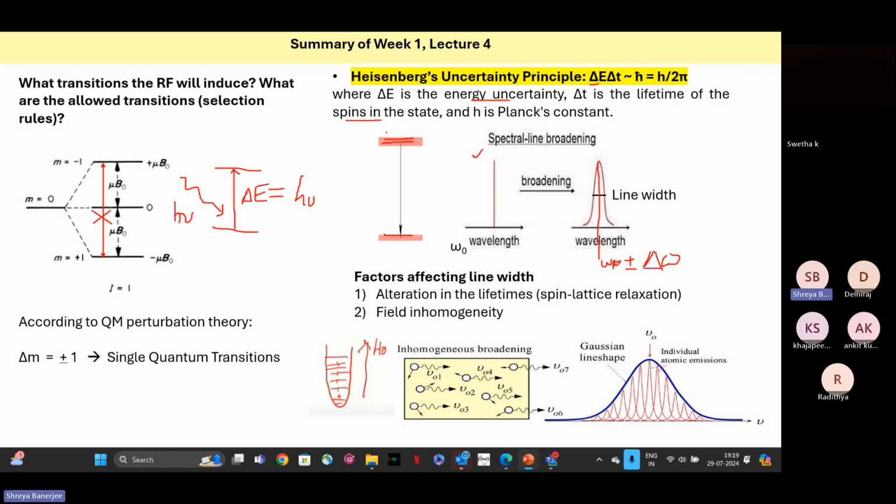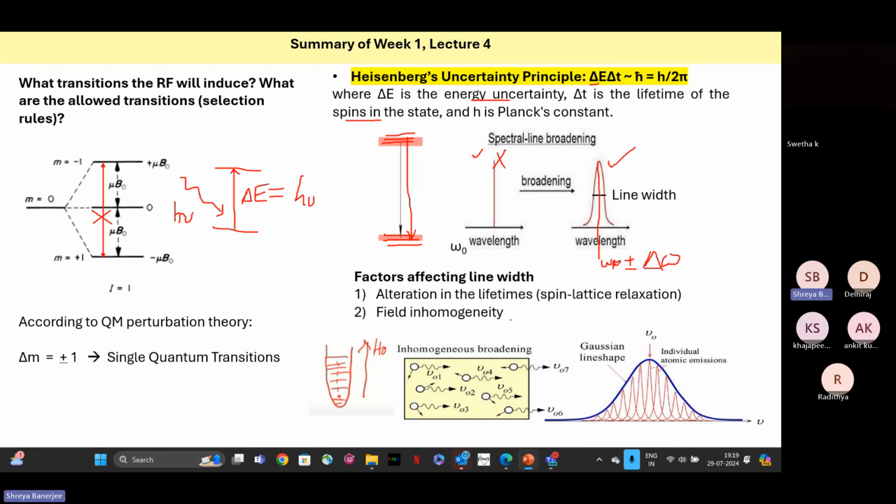There is a certain range of energy states in both the upper and lower level, so there are multiple transitions possible, slightly varying in frequency. That is why we don't see a sharp spectrum. We see a slight spectral line broadening.